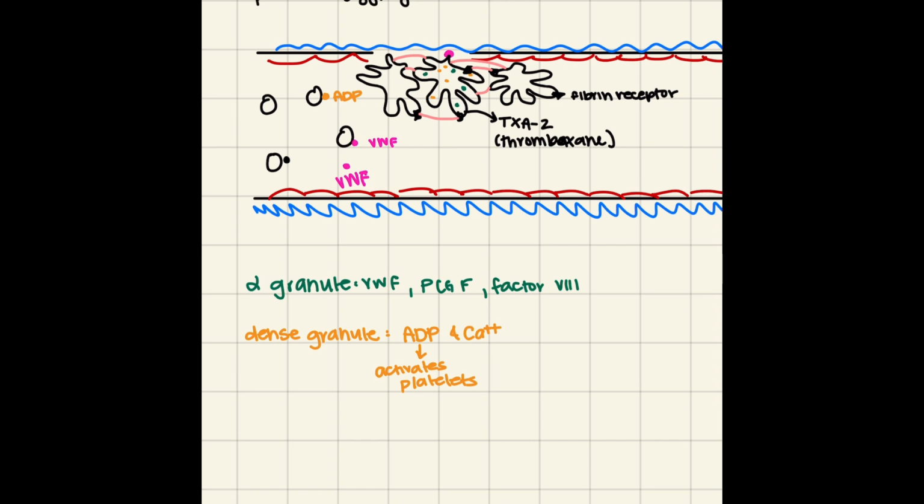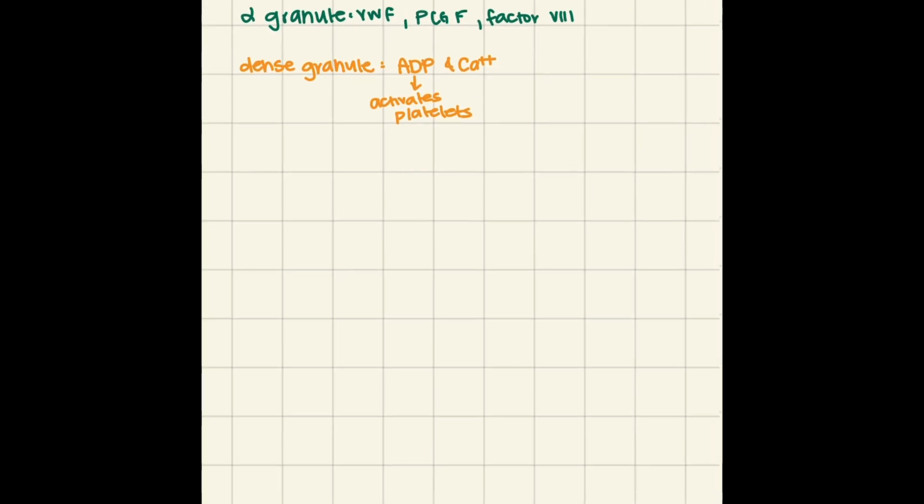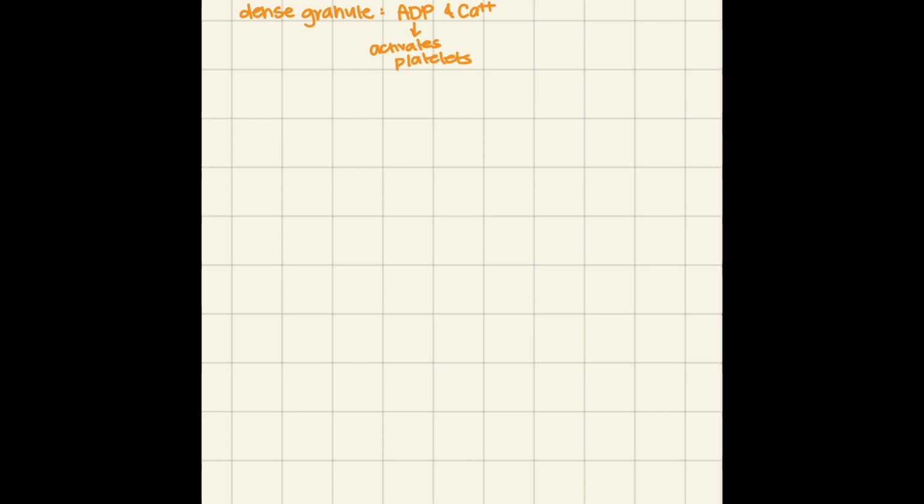Activated platelets have fibrin receptors, and fibrin receptors are what's going to allow us to bind fibrin and create that bridge for our platelet. The third step in blood clotting is the clotting cascade, the coagulation cascade, actually, I think is what it's called.